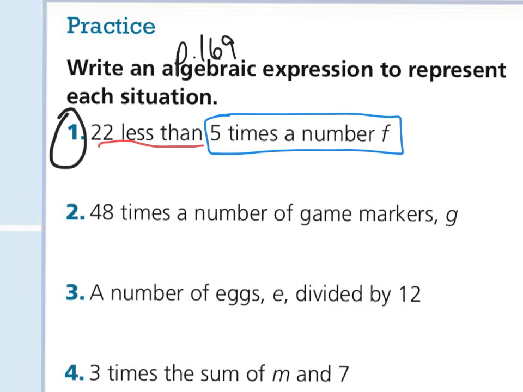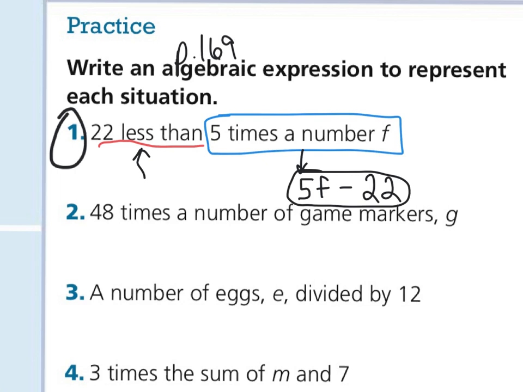Okay, so we'll start with the for sure part here. 5 times the number f, that would be 5f. If you want to put parentheses around one of those, or if you want to put a dot between them, you can. Just remember not to use the multiplication symbol, because that looks like the variable x. The deal is we want 22 less than this. So 22 less than the 5f, we're actually going to subtract 22 from it. So it would be 5f minus 22.